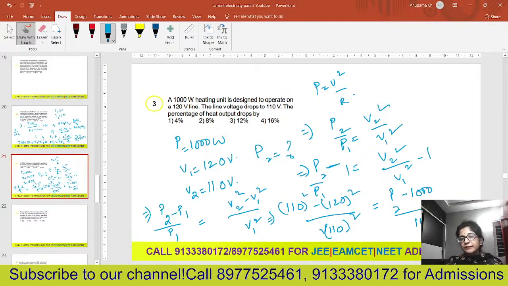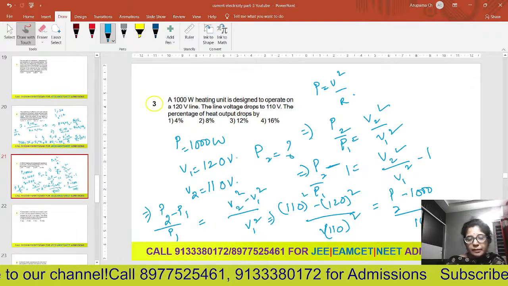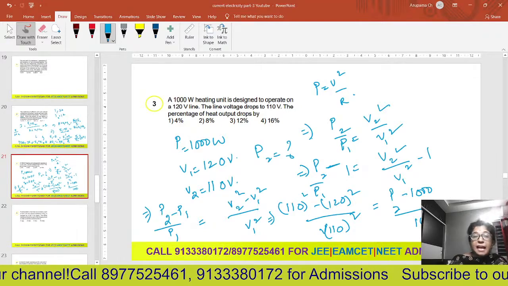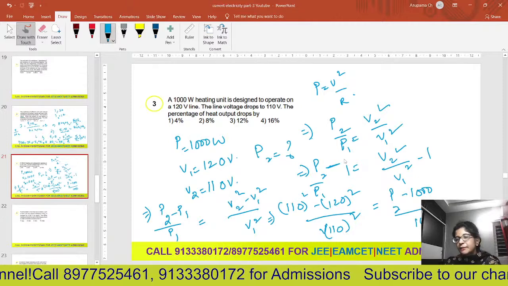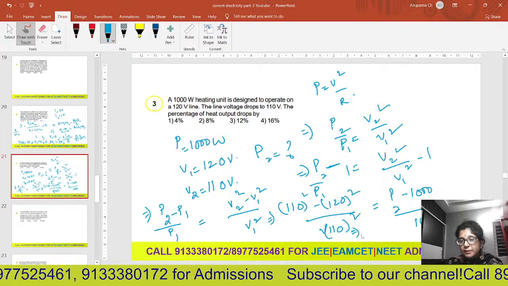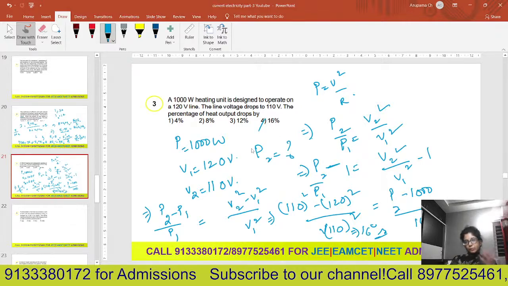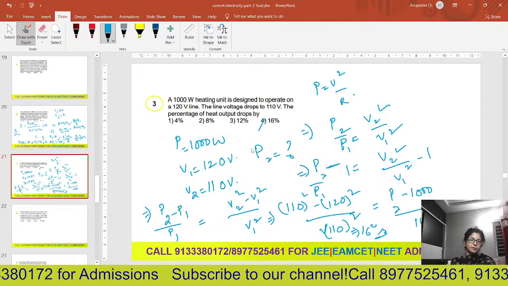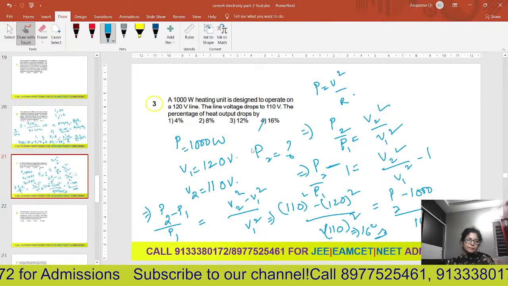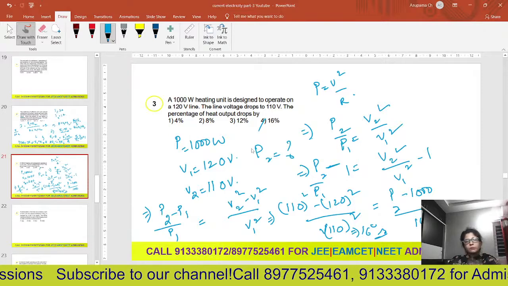So in this way you need to find out and multiply it with 100 on both sides because they ask the percentage here. If you multiply both sides by 100, then you get the percentage drop of 16%. Then D will be the answer. You have to simplify it and find out P2. Then you will get the percentage of it. So this is how you are going to solve this problem, right?